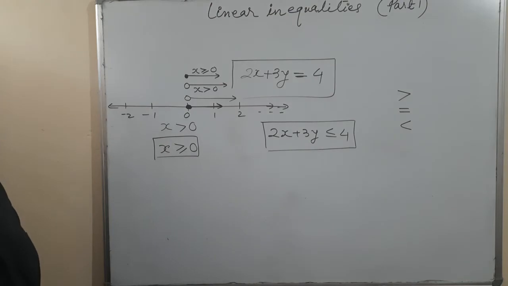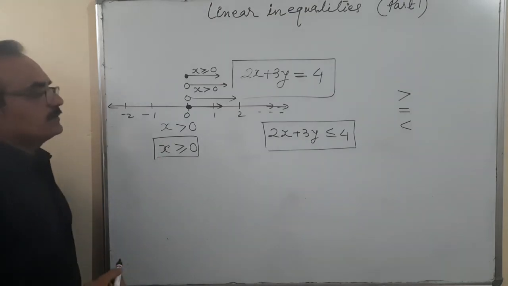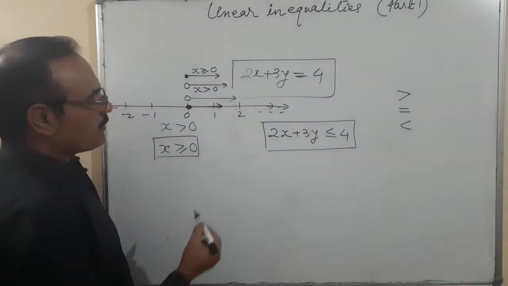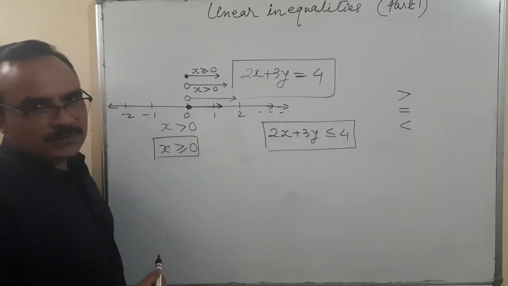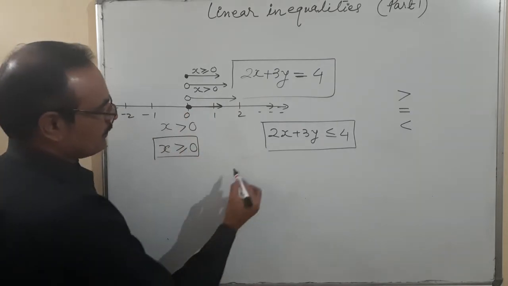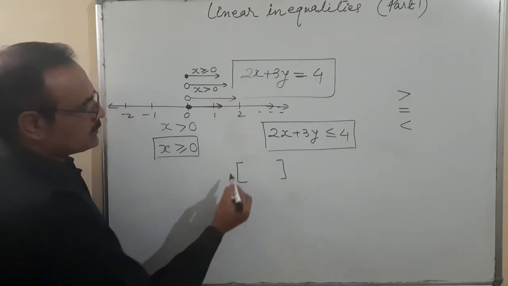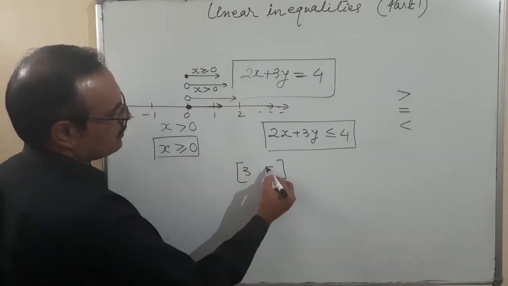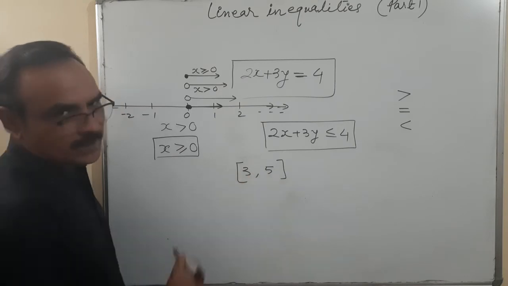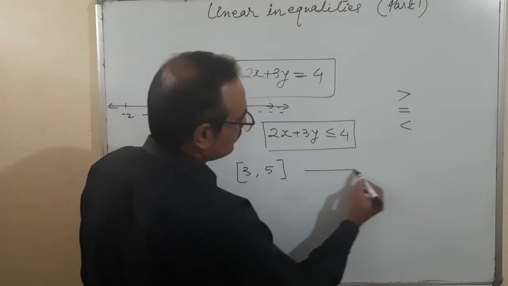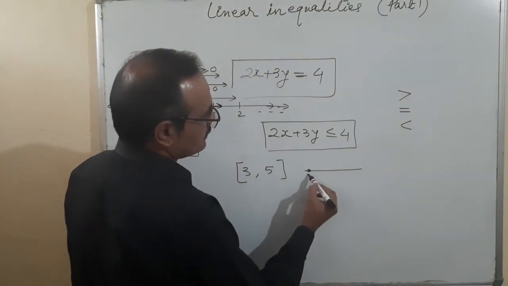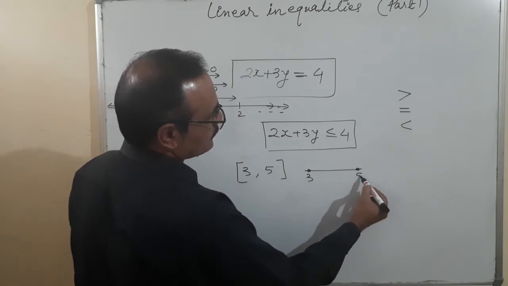So in intervals, the same thing is used in closed and open intervals. This is a closed interval, you are aware of that. Suppose I write here 3, 5, a closed interval. On the number line, how to represent this? 3, 5.